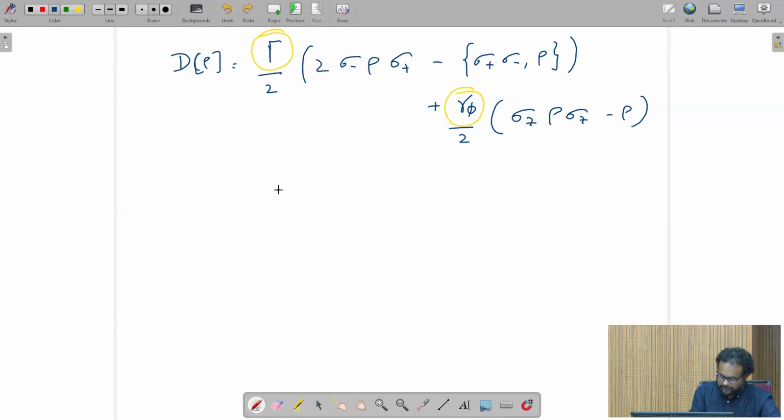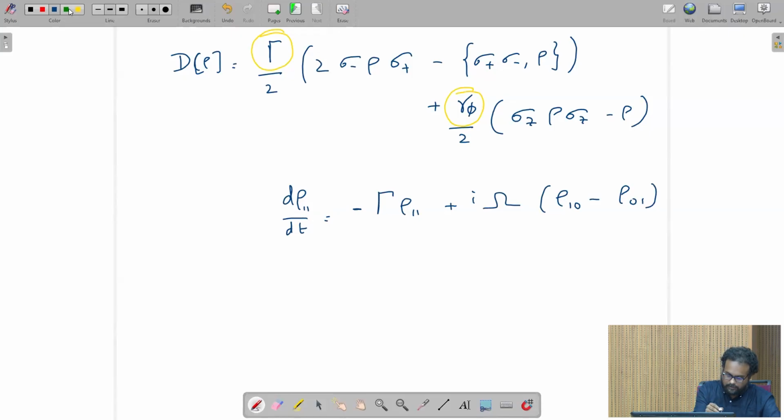The excited state population, rho_11, will be minus gamma rho_11 plus i times the terms rho_10 and rho_01.